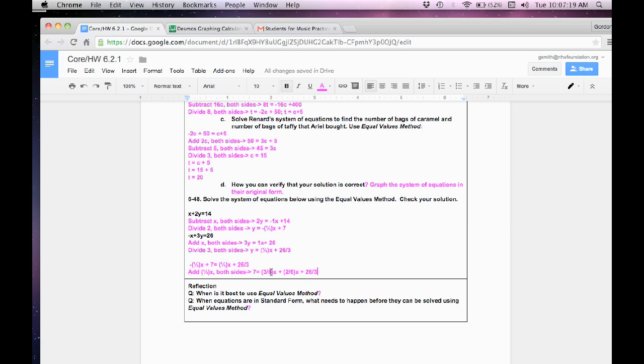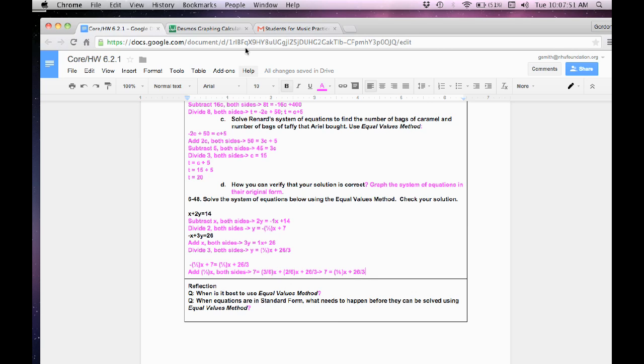All right, so the 3 over 6 plus the 2 over 6, you might notice they're both 6, so we can continue rewriting with 7 is equal to 5/6 x plus 26 over 3. Yeah, those of you who do not enjoy fractions are probably having a tough time, but this is a very important skill to have. Okay, now we're going to subtract 26 over 3.